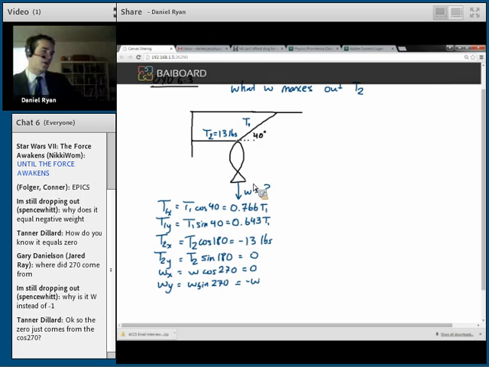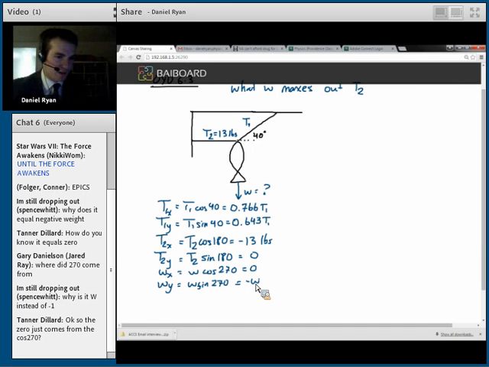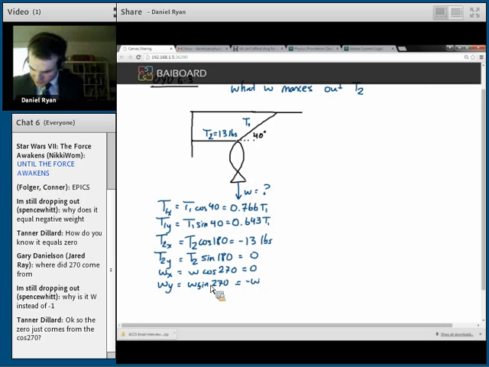But I'm trying to split the weight up into its x and y components, but really it's just a y component, right? It's a y component down at 270 degrees, and so just keeping that 270 degrees in mind will give me -w. So I'm still looking at Spence's question, why is it w instead of -1? Well, it is -1. But it's w times -1.